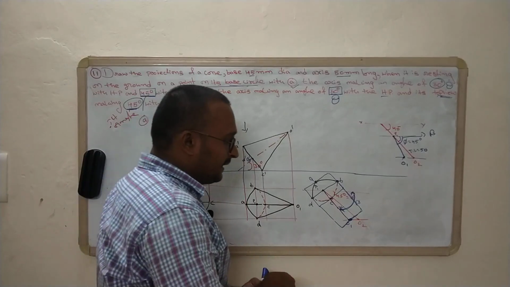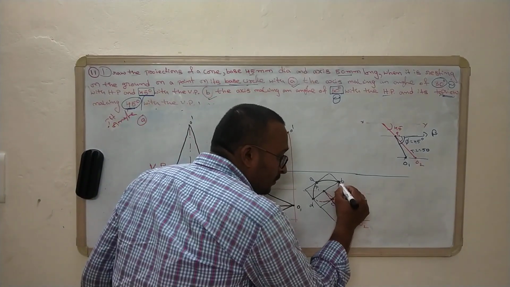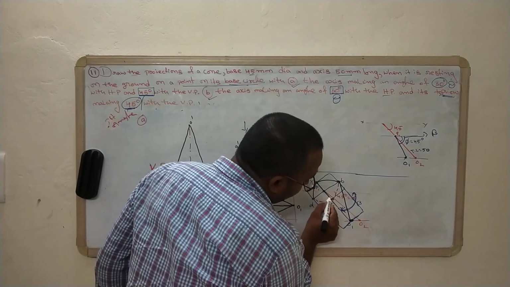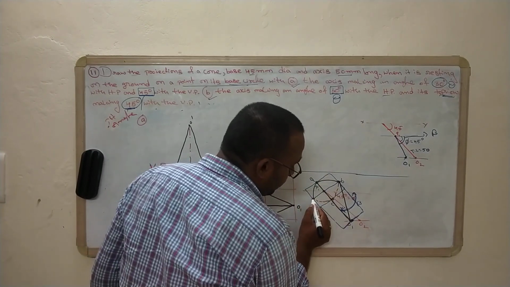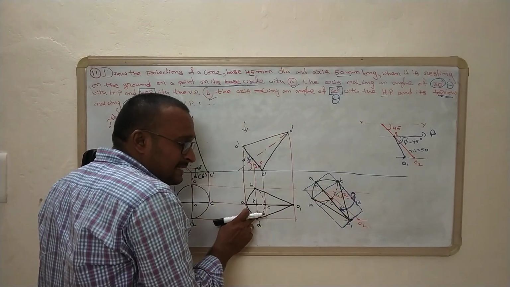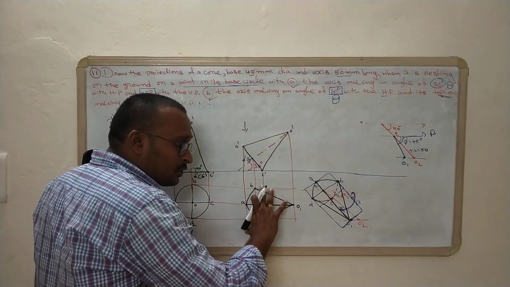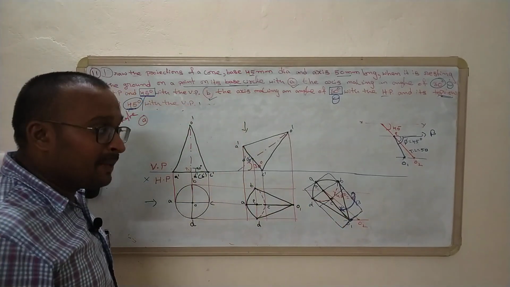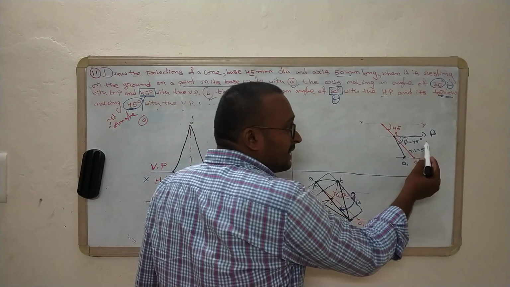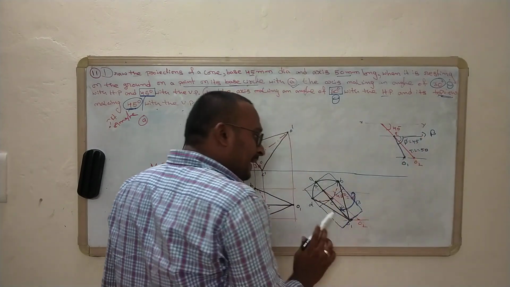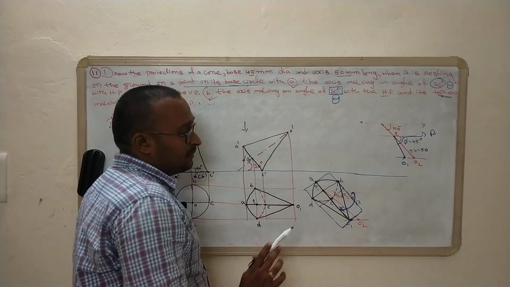Then we need to connect them. That means O1 B1, OA and OD. As it is, this top view box will be rotated at an angle of beta degrees. The beta can be calculated either by this method, that means a separate method, or directly we can determine it over here.